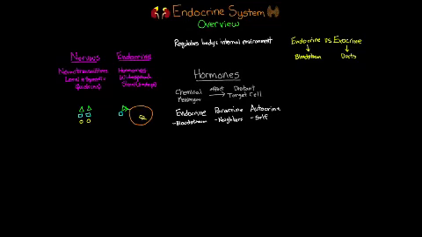And really our differentiation for where these hormones are going to interact with their receptor is based on whether they're going to be water soluble or lipid soluble. And we'll talk about that in just a minute here. And so let's look at and talk about the different categories. There's really three categories of hormones that we're going to be looking at. The first of these is what we call the peptides.